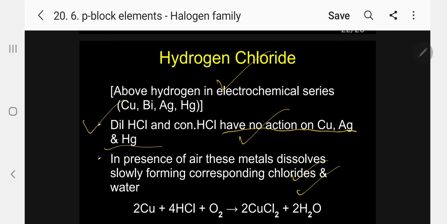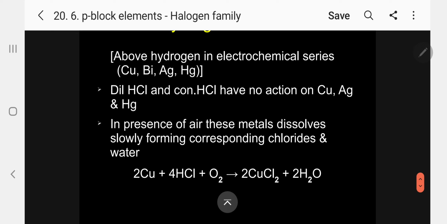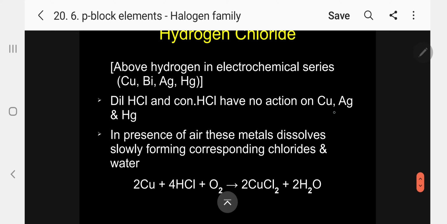So, for example, copper. Kindly follow. Purely dilute and concentrated HCl have no action, but in the presence of air, the metal dissolves slowly, forming the corresponding chloride. This is the most important information you must have. Kindly follow. These metals are above hydrogen in the electrochemical series of reduction potential.